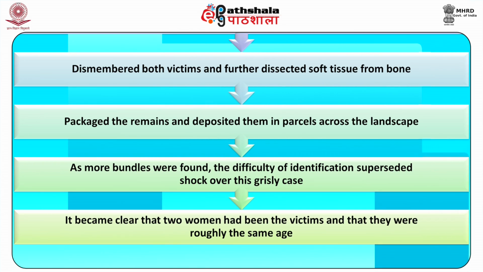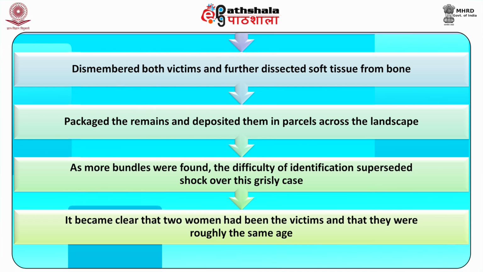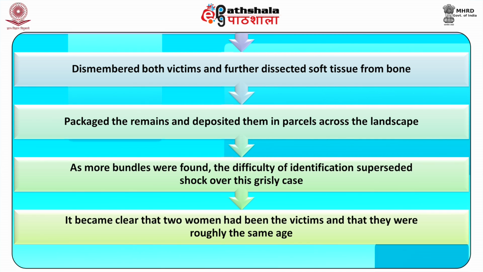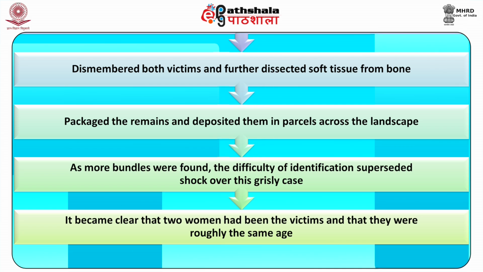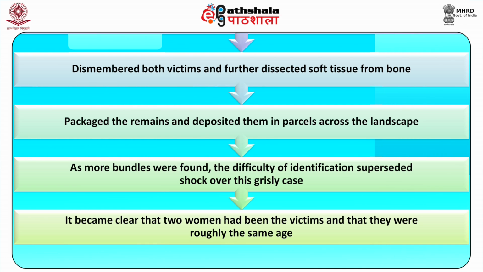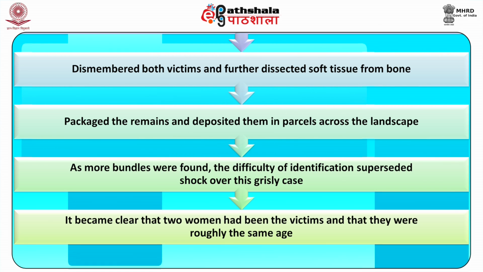As the investigations began and more bundles were recovered, identification was very difficult, as it superseded the shock over this grisly case. It became clear that two women had been the victims and that they were roughly of the same age.